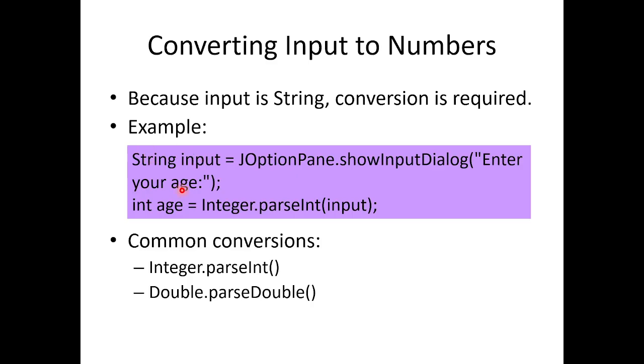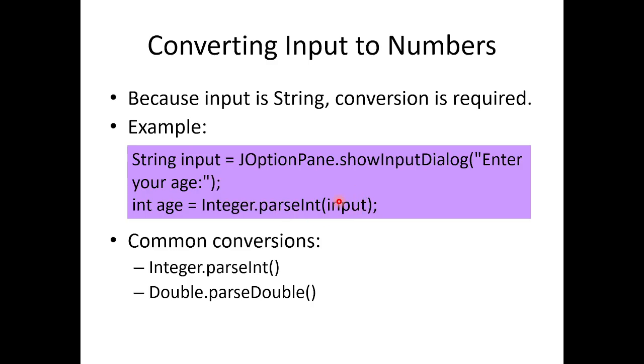Now we want to convert this input to an integer, so we use Integer.parseInt with input in the parentheses. This input comes from your variable name for the string, which is input.